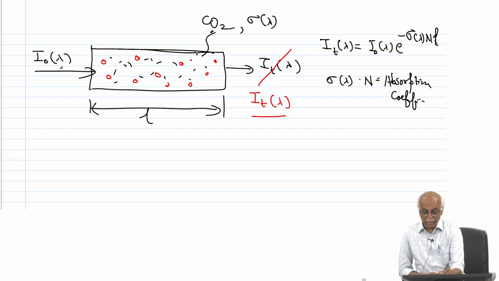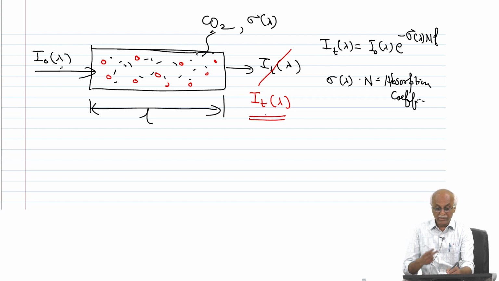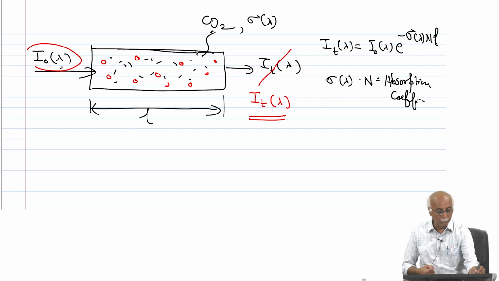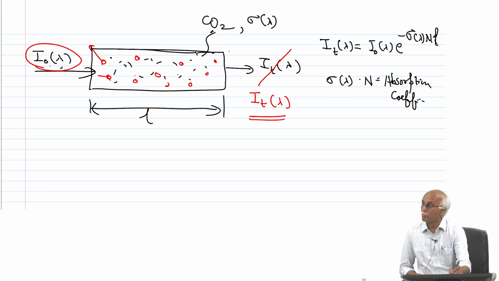Now, this transmitted intensity I t lambda is based on scattering, due to the input light interacting with this scattering particle. So, some light is getting scattered, and absorption due to CO2 molecules.